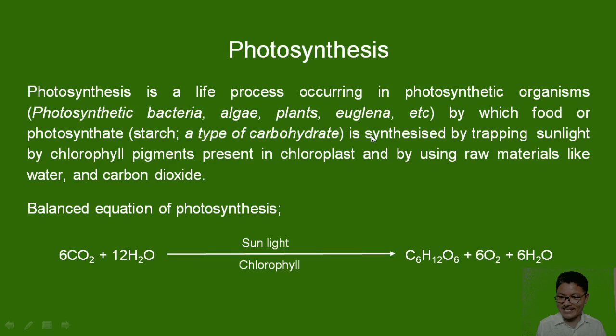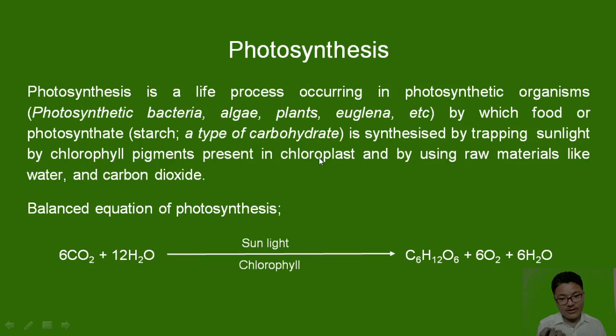And for this process to occur, sunlight is a must. Sunlight is being trapped by chlorophyll pigment, which is present in chloroplasts of cells in the leaves.